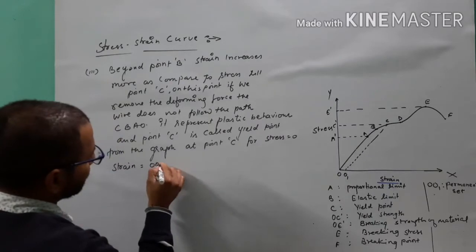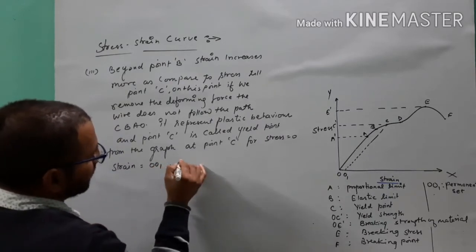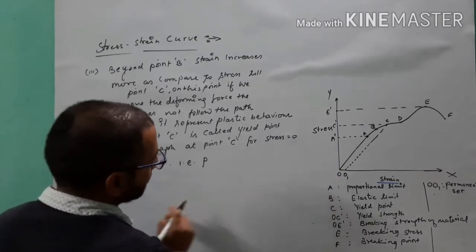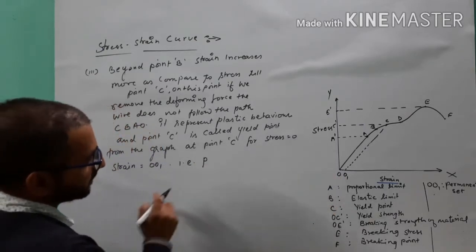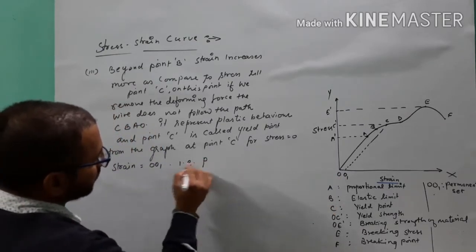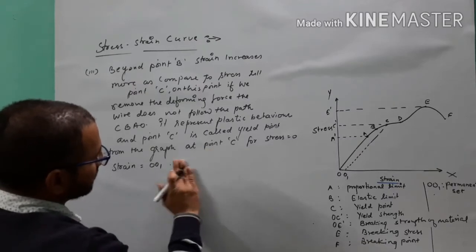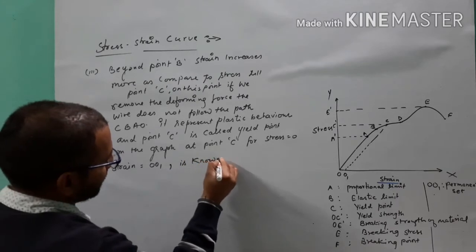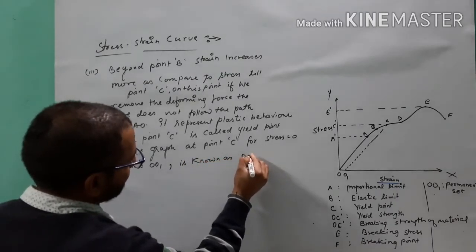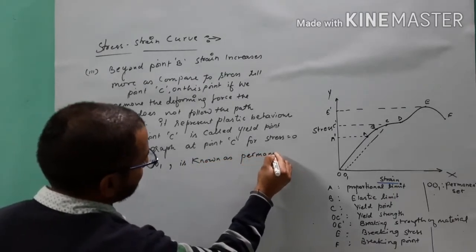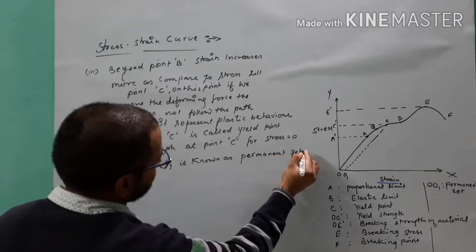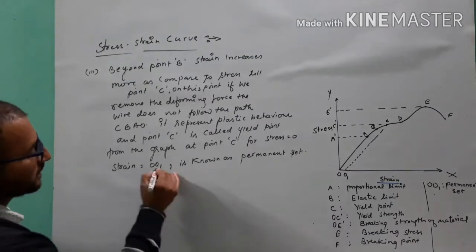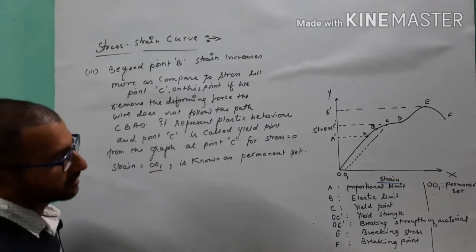It means this is the situation of permanent set. So the condition OO dash is known as permanent set. Point clear? So this region is known as the permanent set region.